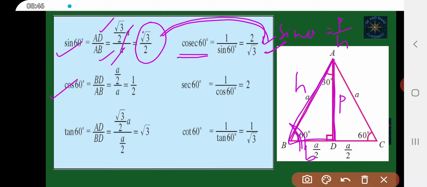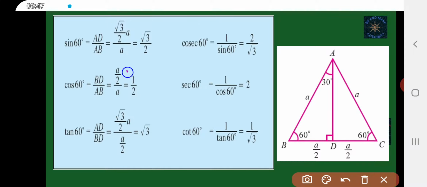Similarly here cos 60 degree, you know cos what? B by H. Here B is BD, BD by H, AB. Okay, so BD is A by 2 by A. So you can write A by 2, A cancel, then you get 1 by 2.